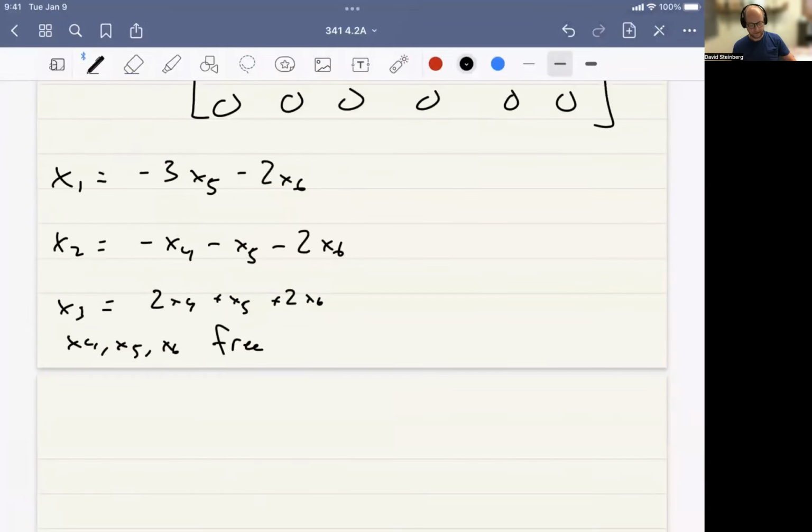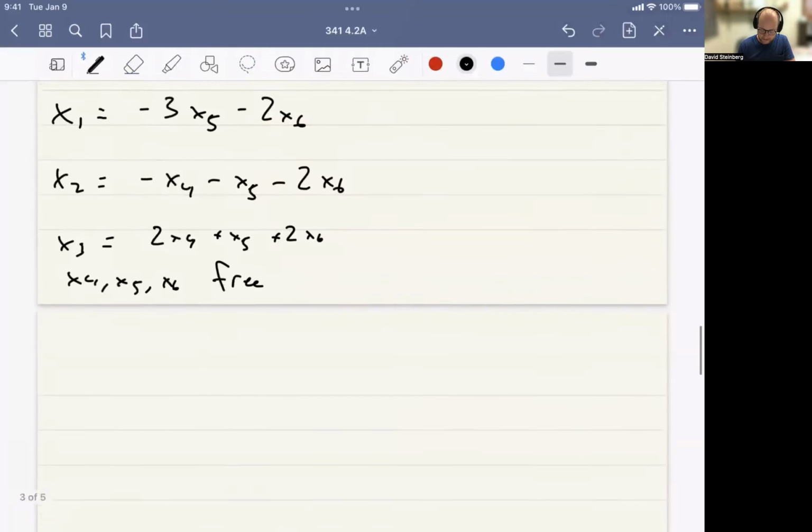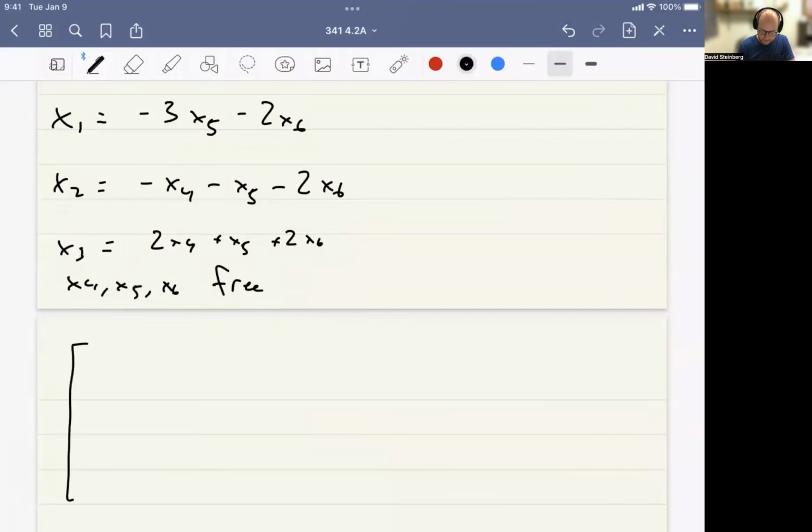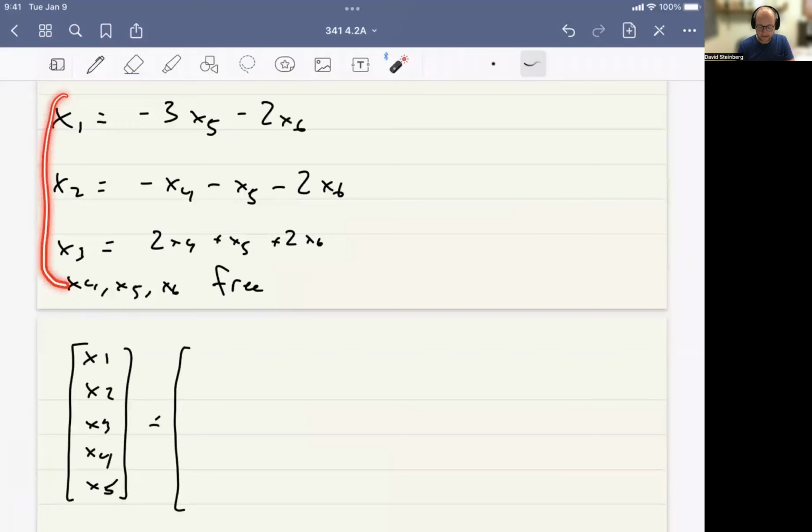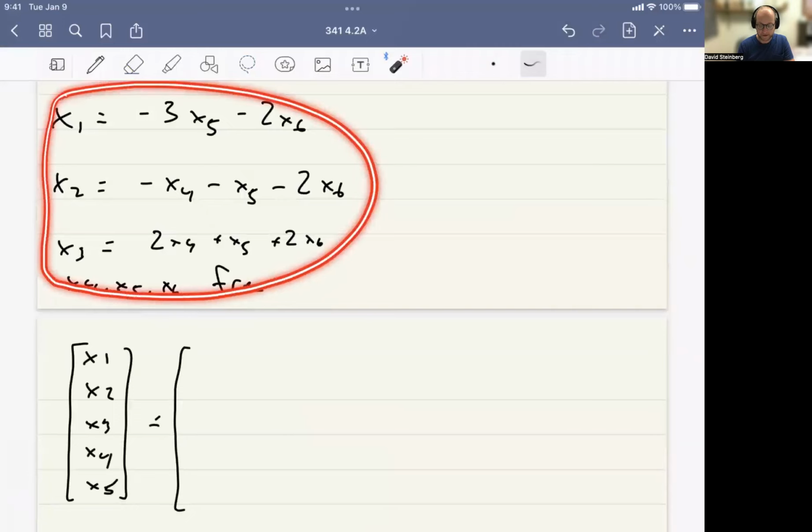Yeah. So then how does this give us a null space? Well, I'll show you right now. x1, x2, x3, x4, x5. So this is all things we've seen before. All we're going to do is rewrite this general vector to satisfy these equations.